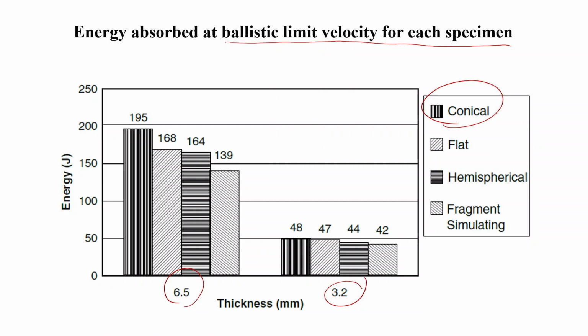Now, for the 6.5 millimeter thicker panel, the projectile with conical tip results in highest energy absorption, followed by the flat one, then hemispherical, and then the fragmented.